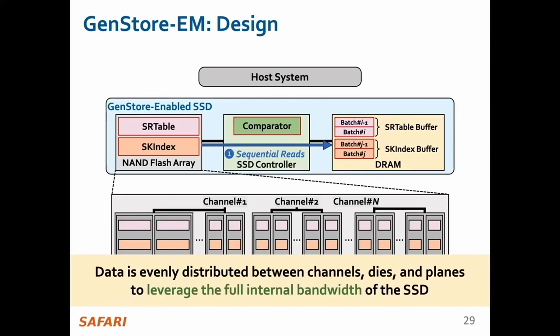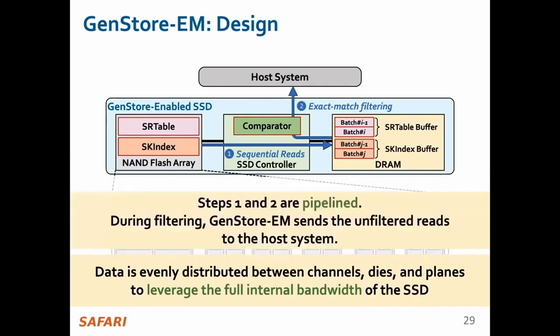Then step 2 performs exact match filtering within each read batch using simple comparator logic. Steps 1 and 2 are performed in a pipelined manner. That enables us, during filtering, to send the unfiltered reads to the host system for full analysis.